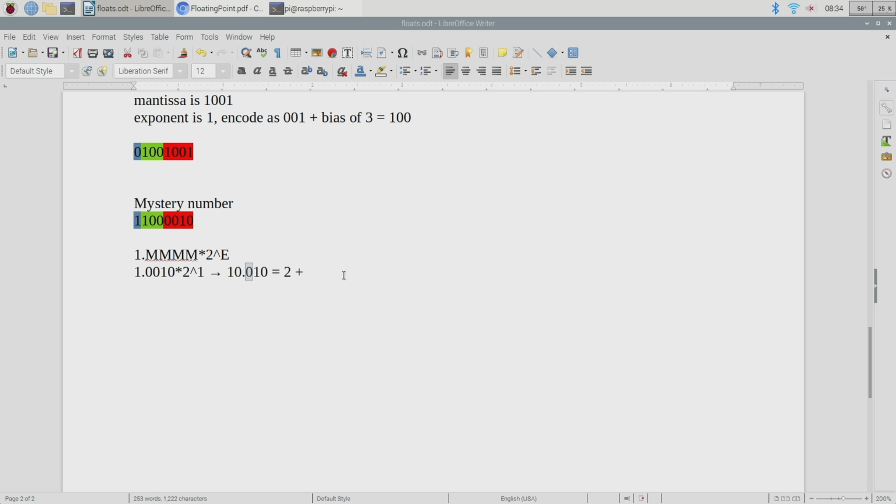What's this 0 that I've highlighted there? What position is he in? The halves place. Do we have any halves? Nope. What's the next bit? 1, which is in the quarters place. And then our last bit is 0, so we can stop. So our number is negative 2 1/4.